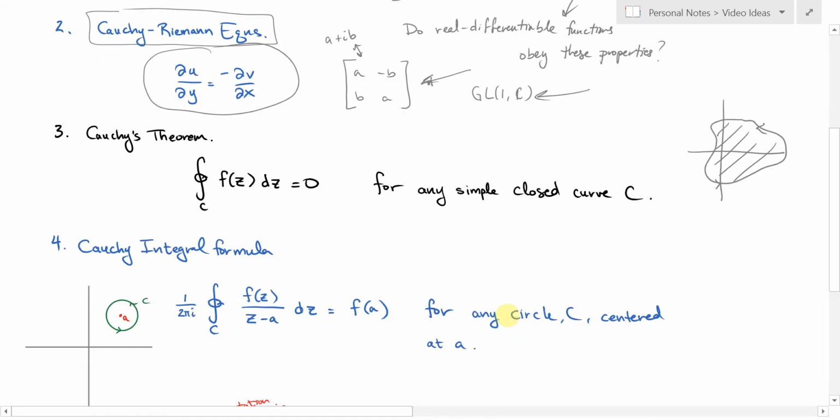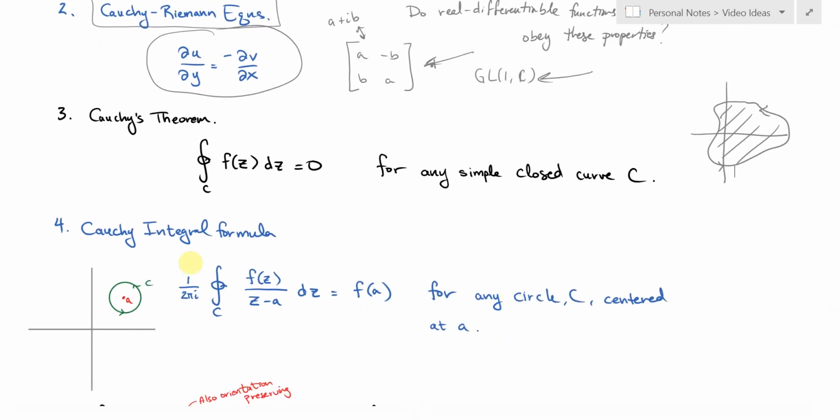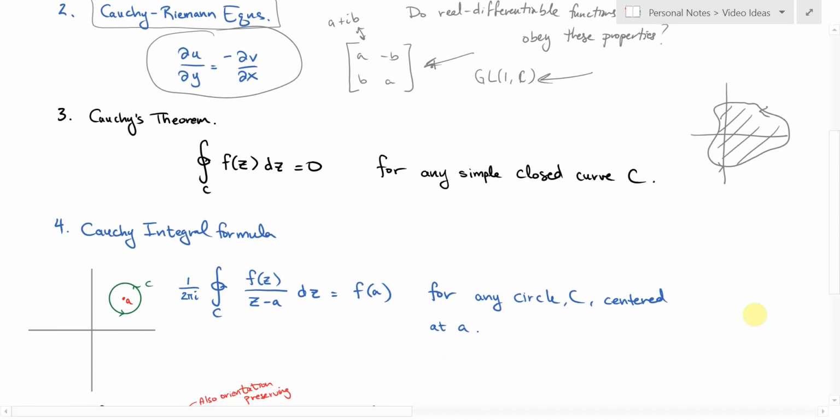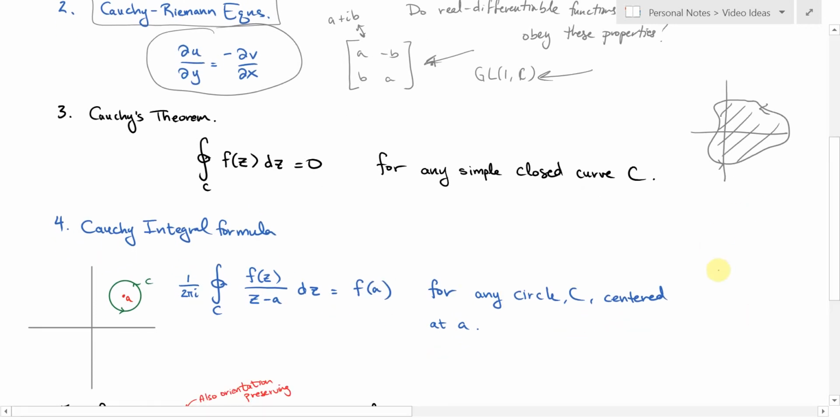And you can be a bit more precise here. You can actually look at Cauchy's integral formula. This is also a really interesting theorem. It tells us that if you want to know the value of a function at a point, and the function happens to be complex differentiable in a region, or holomorphic in a region, then all you have to do is integrate not that function, but this function divided by z minus that point of interest.